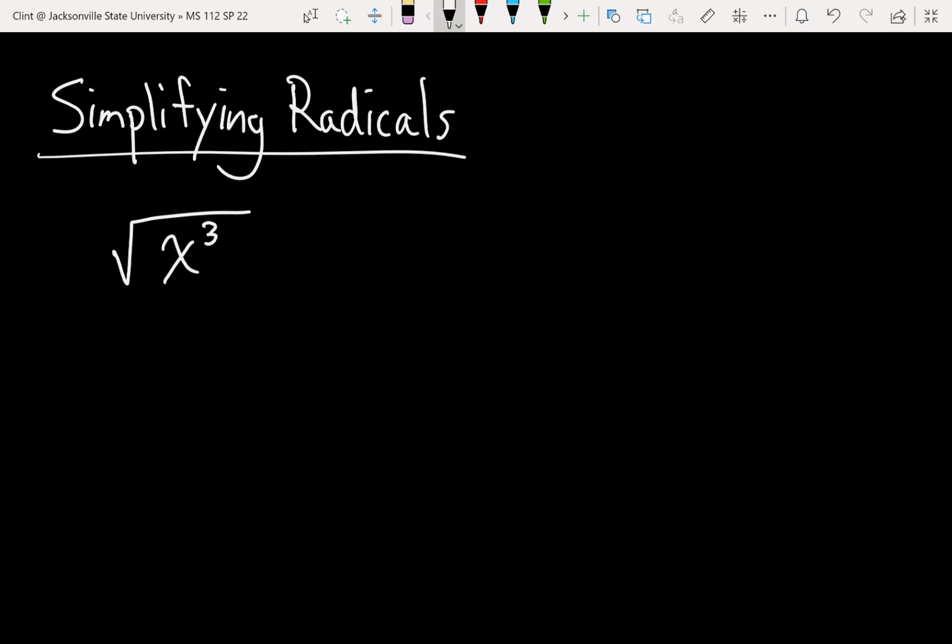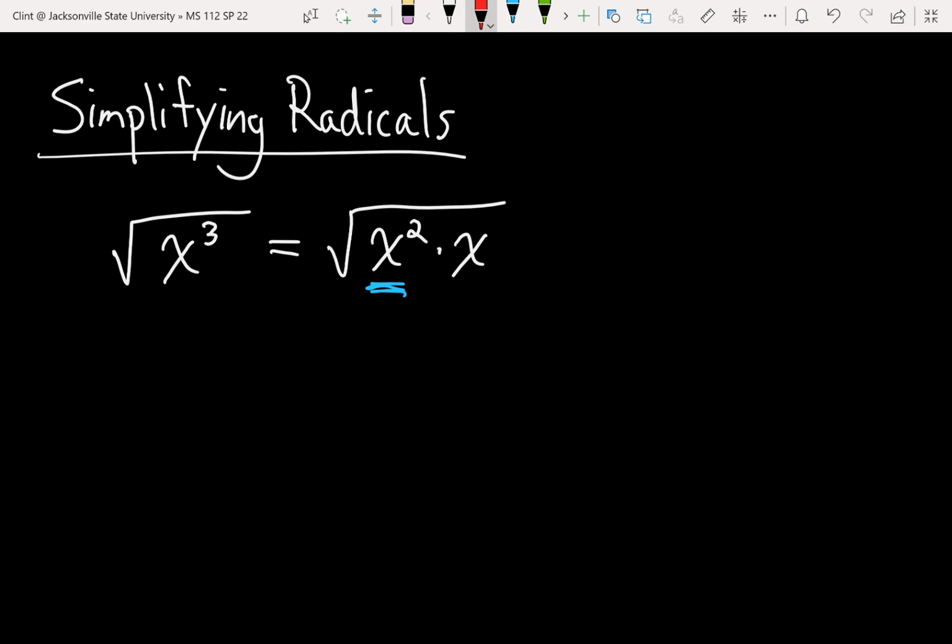One way we learn to do that a lot of times is we'll say, okay, it's a square root. Do you see any factors, things that multiply to give us x cubed, that would be a perfect square? So on this one, maybe you would see that x cubed is x squared, which is a perfect square, times x. And a lot of times we would say, okay, well, since this is a perfect square, we can find the square root.